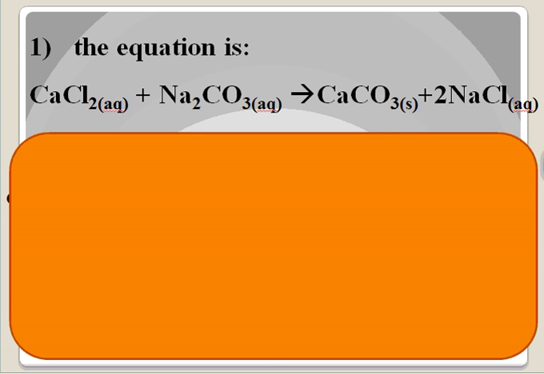Don't forget, you have to look at your solubility tables, and if you look up calcium carbonate, this is going to be a solid, and if you look up sodium chloride, this is going to be aqueous. So we know this reaction is going to occur.